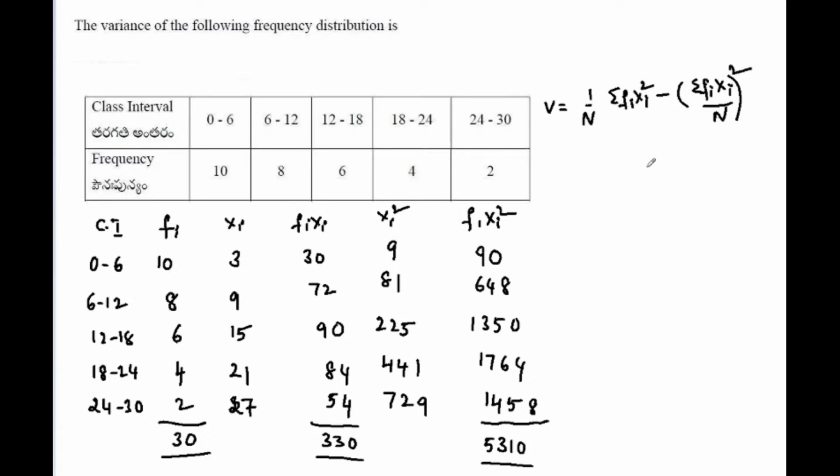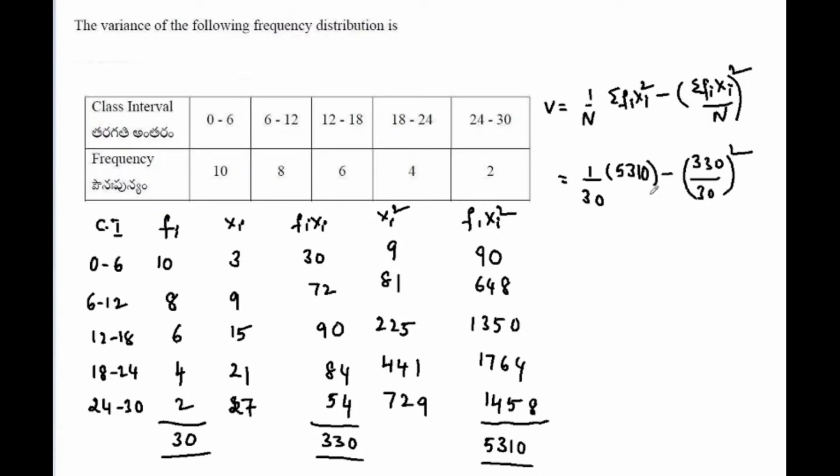This is the formula for variance, that is 1 by n, the value of n is 30, 1 by 30 into sigma fi xi square, that is 5310, minus sigma fi xi, sigma fi xi value is 330 by n is 30 whole square.